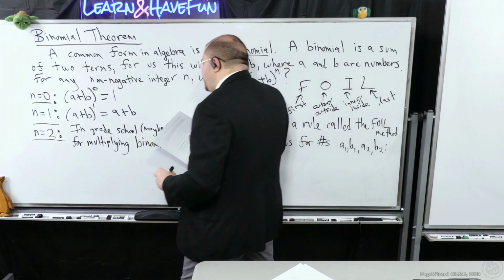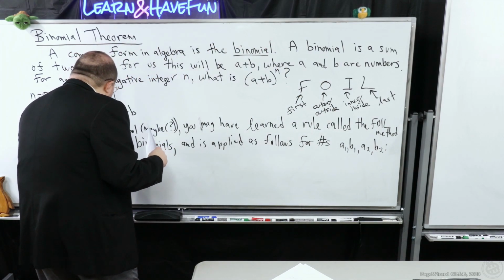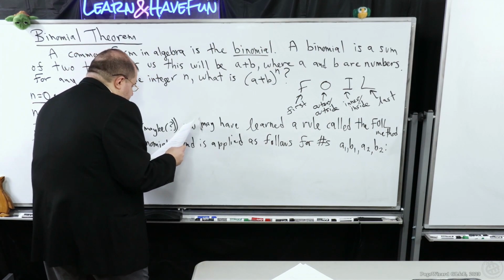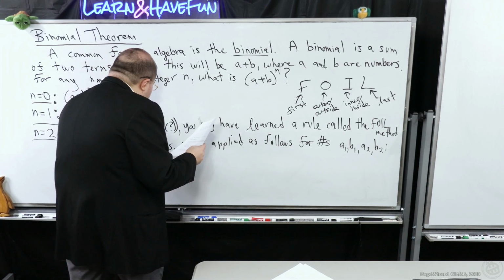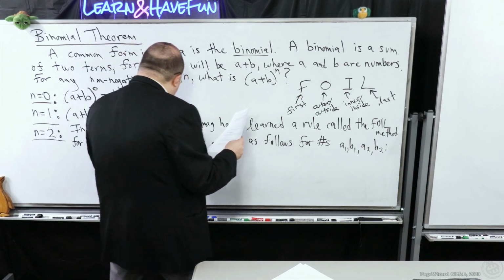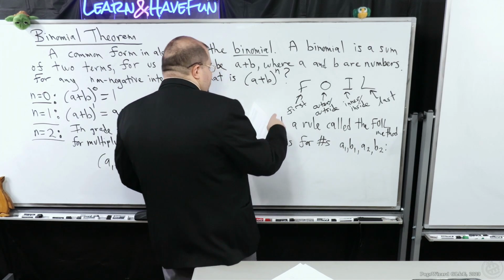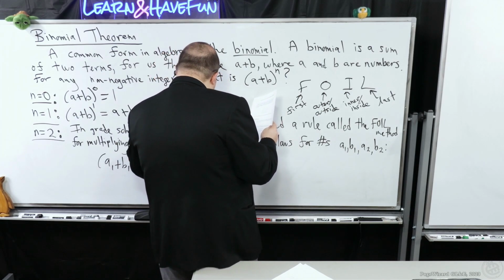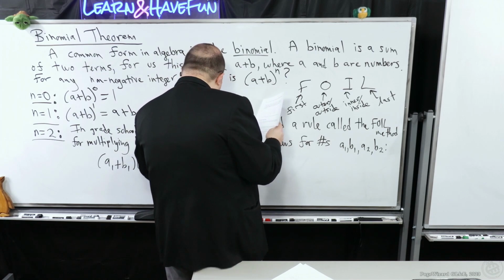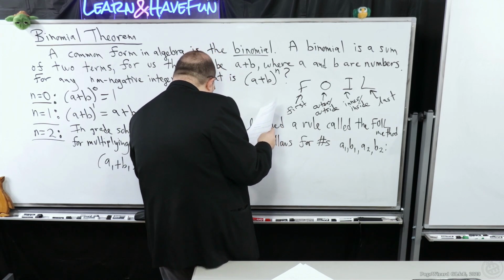If I give you a1 plus b1 times a2 plus b2, you may have learned to do this: you multiply the first of each, a1 times a2, that's your F right there.